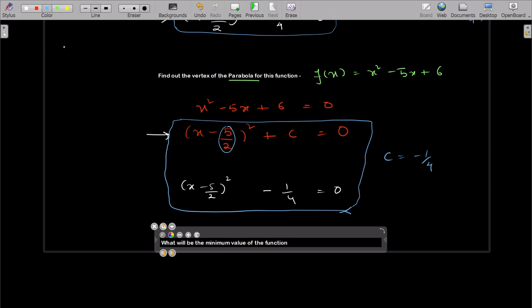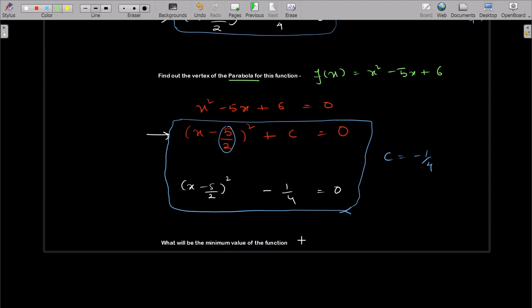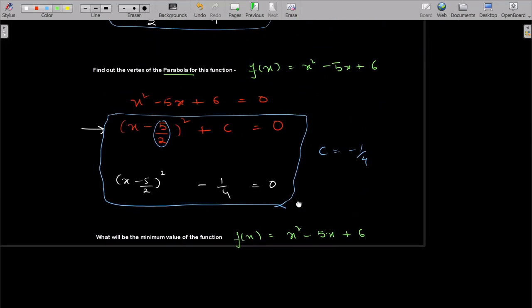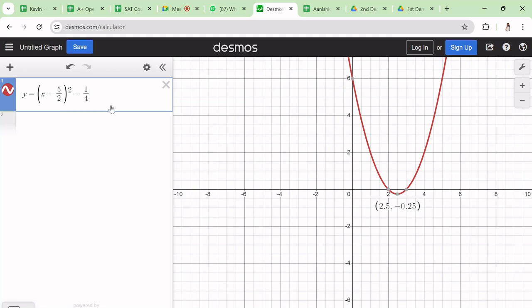They'll give you this function, f of x is equal to x square minus 5x plus 6. So any idea how we can find out the minimum value of a quadratic function? Yes, we'll have to find out the vertex.